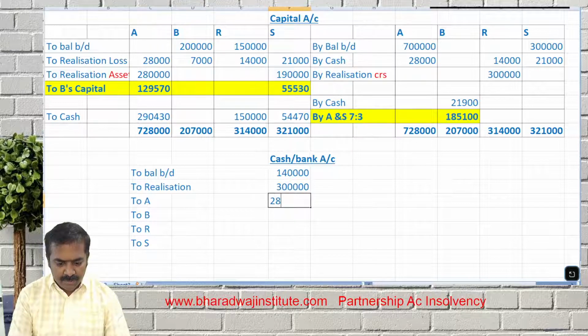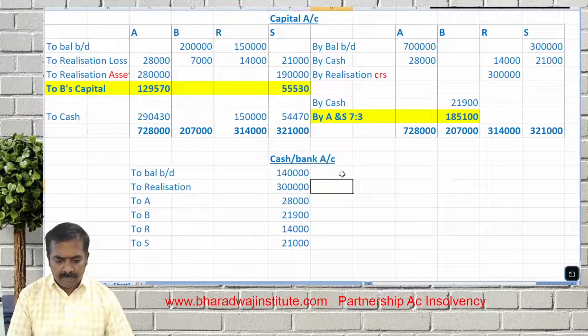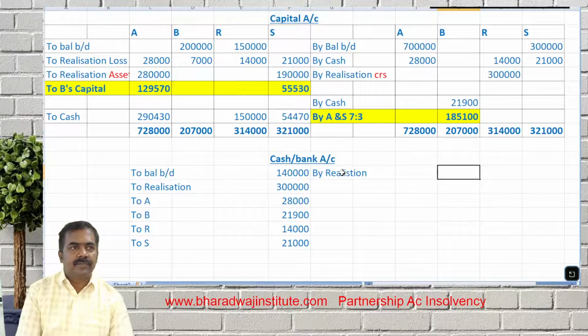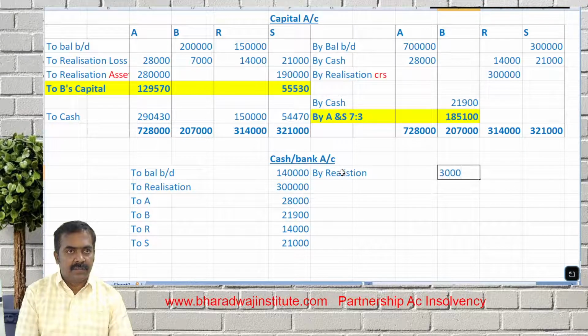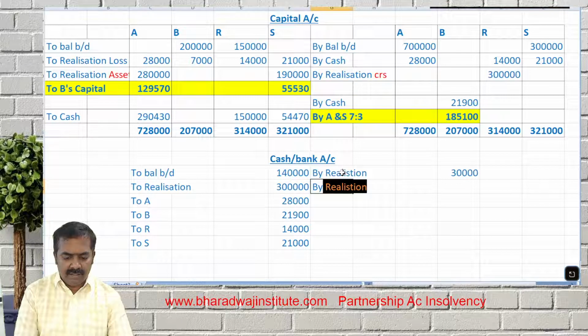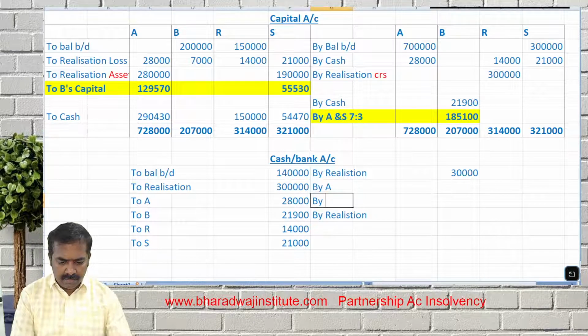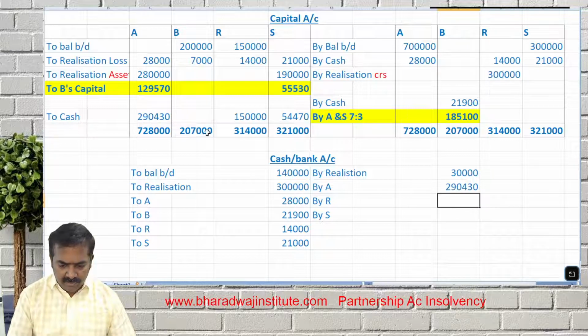A 28,000, B 21,900, or 14,000, yes 21,000. By realization, liabilities paid. 30,000. By A. 2,90,430.